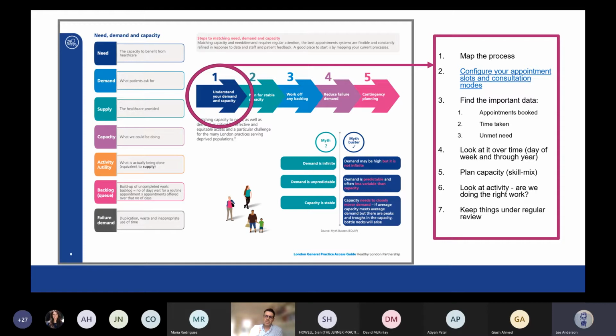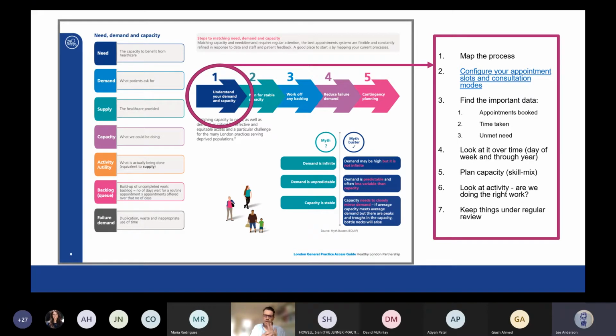You need to grab some important data, so you need to know the number of appointments that have been booked and the time it's taking for those appointments. That's really critical, because the time allotted isn't often the time taken. As we all know, that 10-minute thing we've got ourselves into in general practice doesn't generally represent accurately the amount of work that's being done.